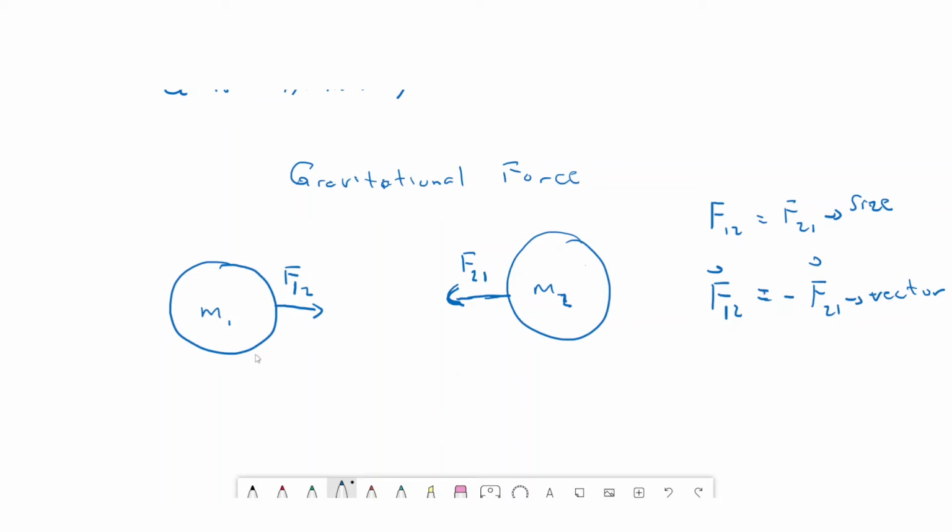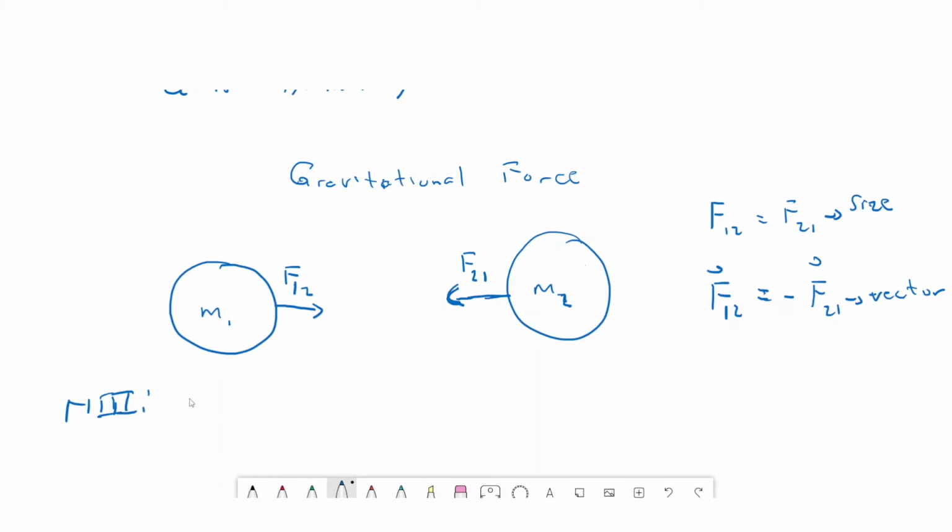Now this force here, in actual fact, comes from a certain law of Newton. It is a law in itself, but it is also using a certain principle, which is known as Newton's third law. So I'm going to write it as Newton 3. What does Newton 3 say?